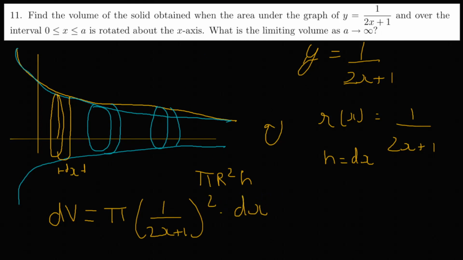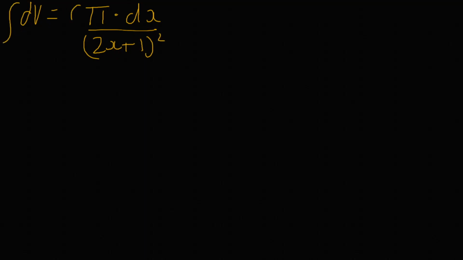So we get dV equal to pi dx by (2x plus 1) whole square. If we integrate this on both sides from 0 to V, we'll get the total volume.